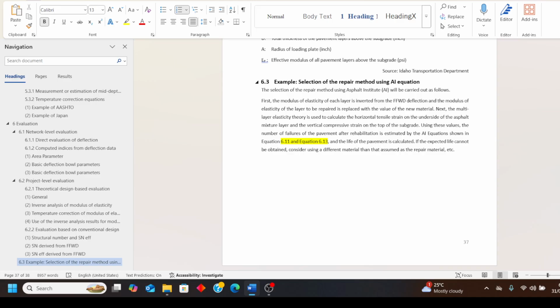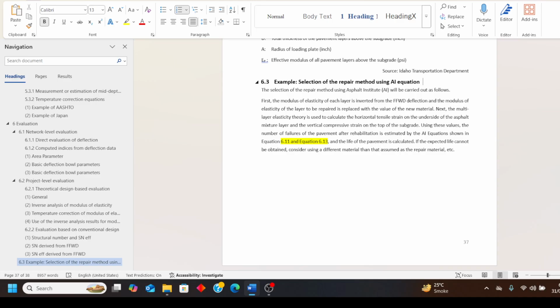And lastly, at the end of this chapter, another interesting thing you can come across is the example of the selection of the repair method using the equation. It basically includes the inverse analysis, which means that from the FFWD deflection, the elastic modulus is calculated for each pavement layer, meaning the asphalt, base, and subgrade, and then we identify which layer is weak or deteriorated.